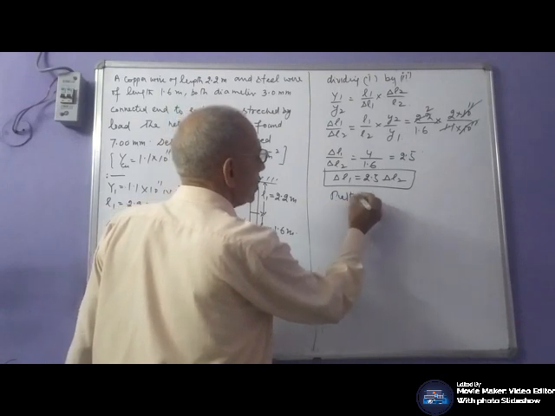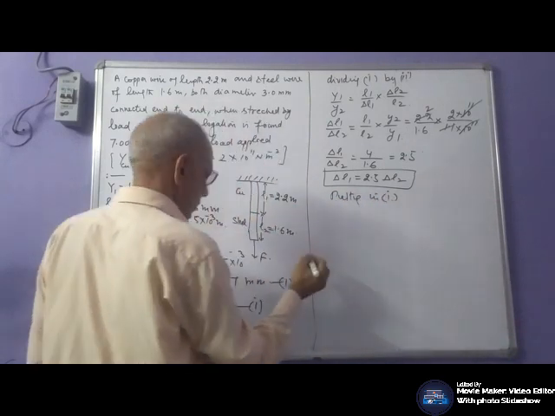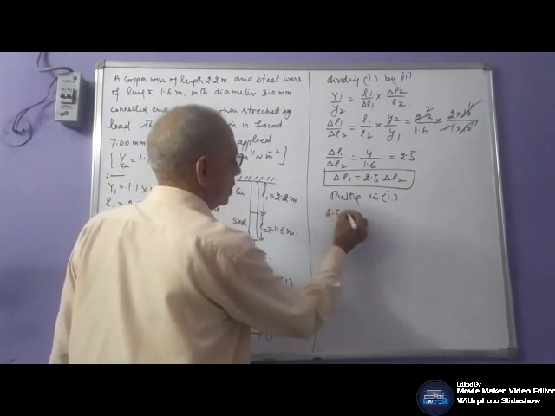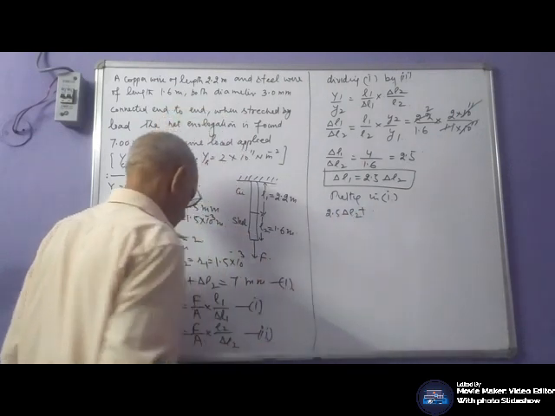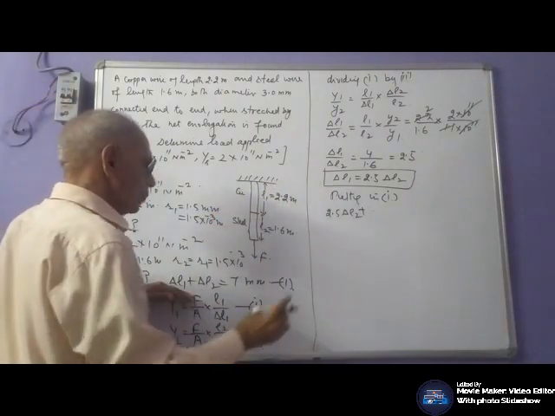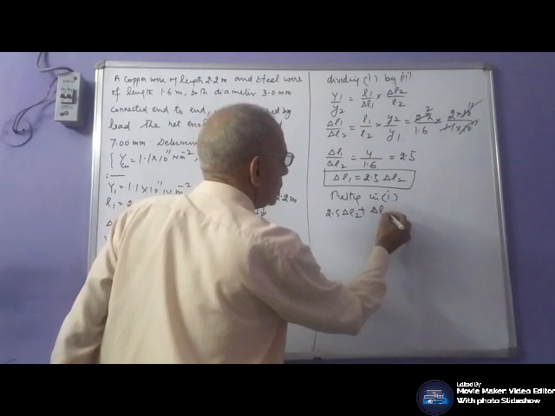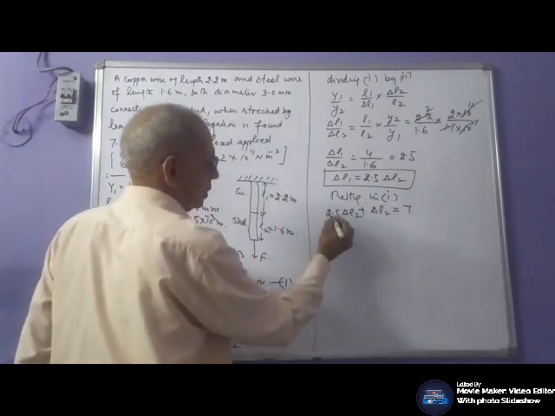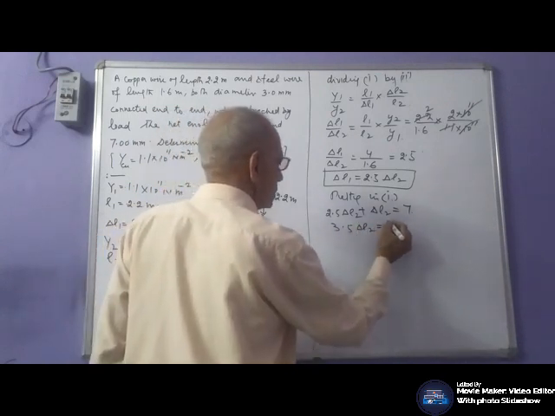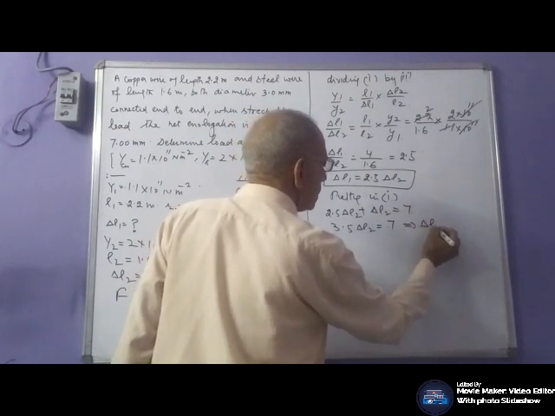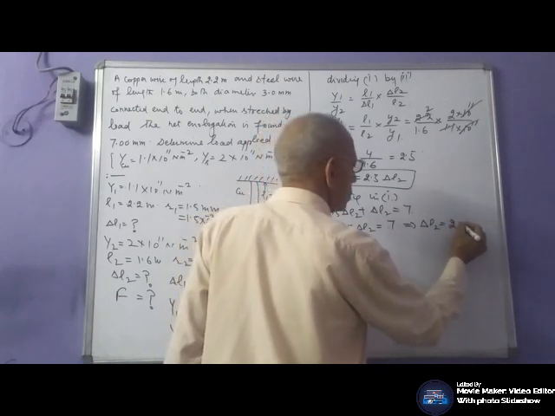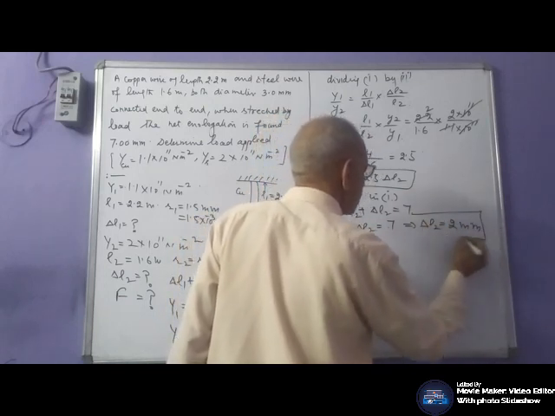Putting in first delta L1, delta L2: delta L1 plus delta L2 is this, so 3.5 delta L2 is 7, or delta L2 is 2 millimeter.